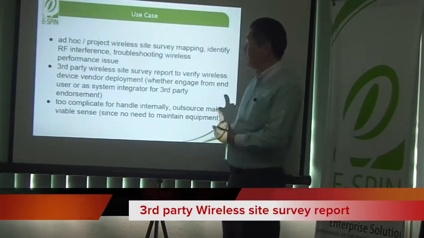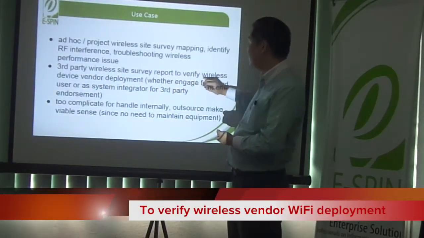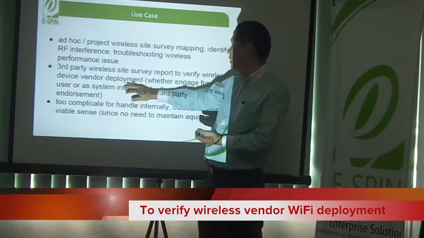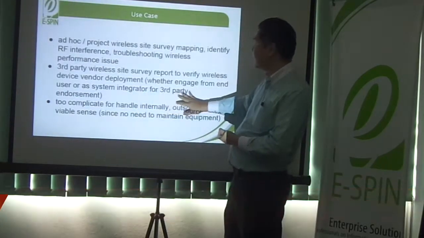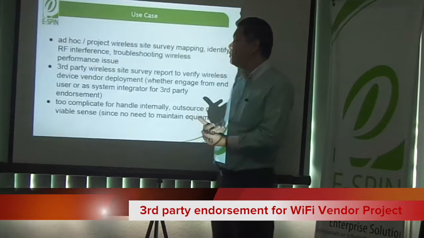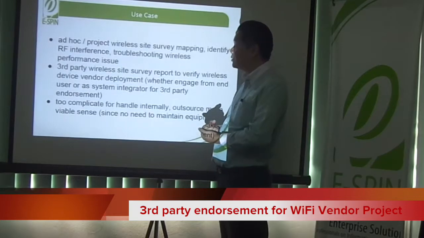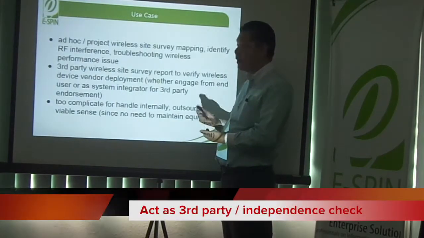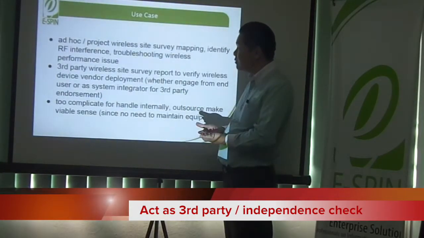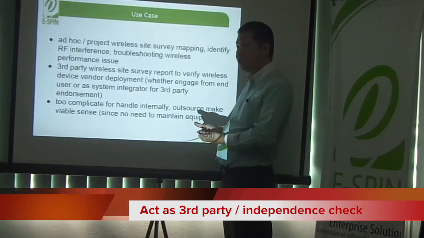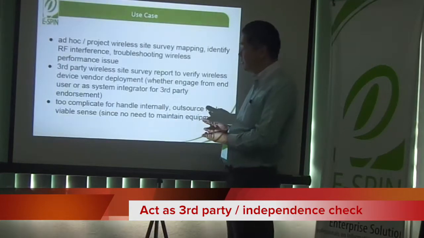So a use case is also a third-party wireless site survey report to verify a wireless device vendor's deployment, whether engaged from the end user or as a system integrator for third-party endorsement. Because we are not associated with the specific vendor who deployed your wireless devices, you can take it as an objective report or independent check. Or as the vendor, you want to show that you are doing a good job, so you want a third-party audit on your deployment, right?